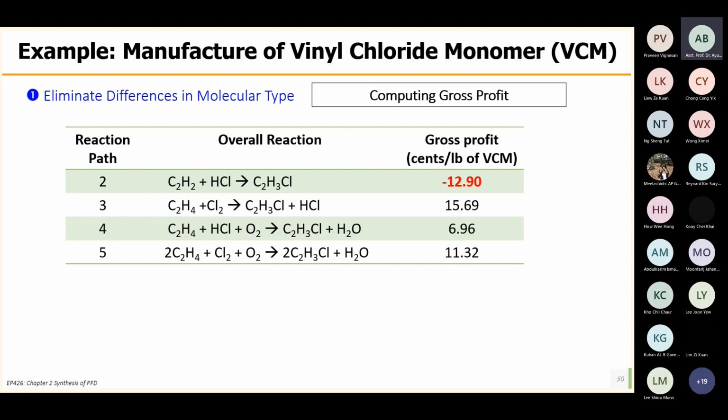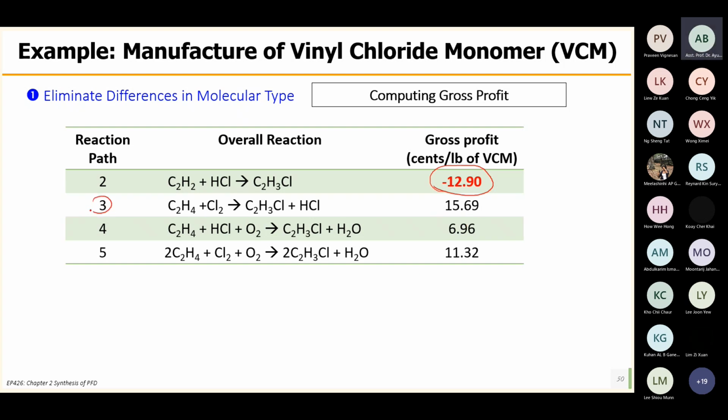Okay, once the calculation is done, for path 2 you'll see there is a negative. So don't bother to proceed with this pathway. You will lose. Okay, so for 3, 4, 5, you have some profit. Choose the most profit.